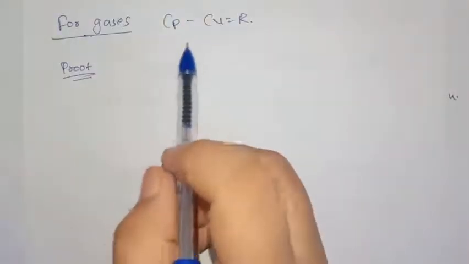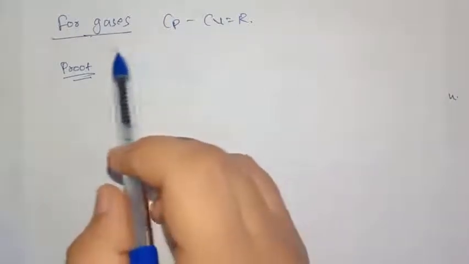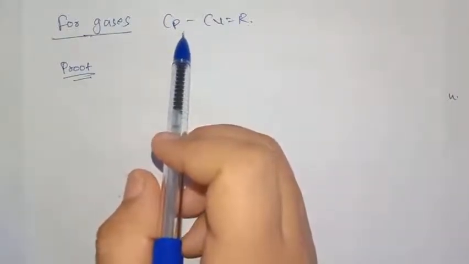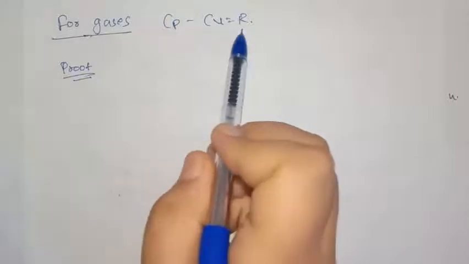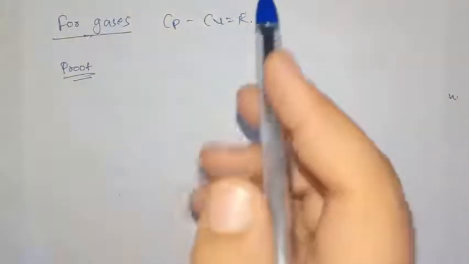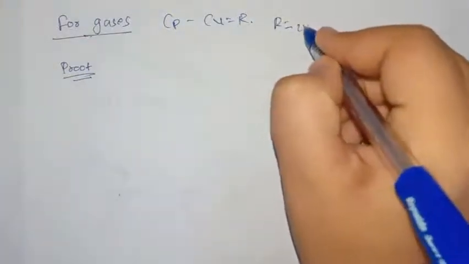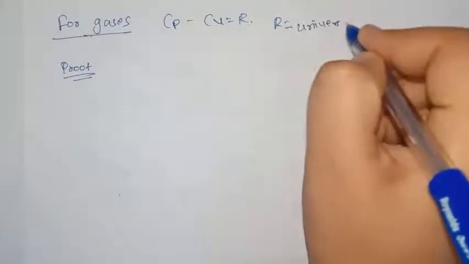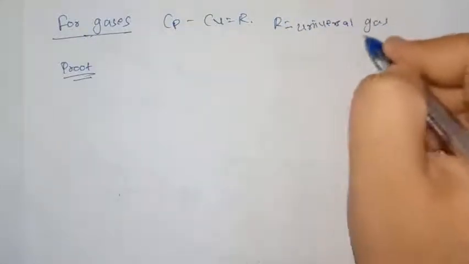For an ideal gas, the relation between Cp and Cv is Cp minus Cv is equal to R, where R is the universal gas constant.